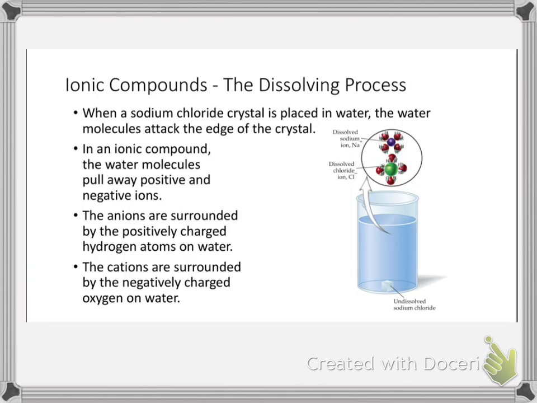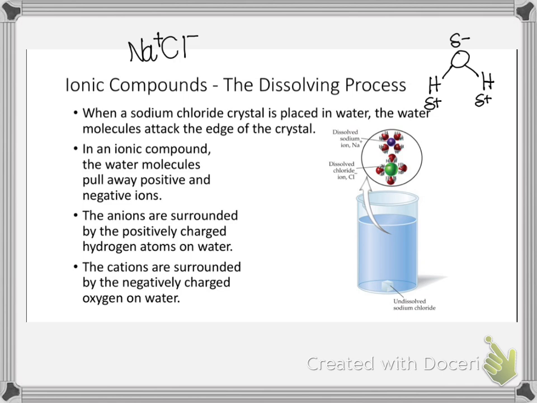Now, ionic compounds are very similar, except ionic compounds have both positives and negatives. So again, the water molecules are going to come and attack the crystals. But water, remember, has a dipole. The oxygen is negative and the hydrogens are positive. So now we have, if I had sodium chloride, which has sodium ions and chloride ions.